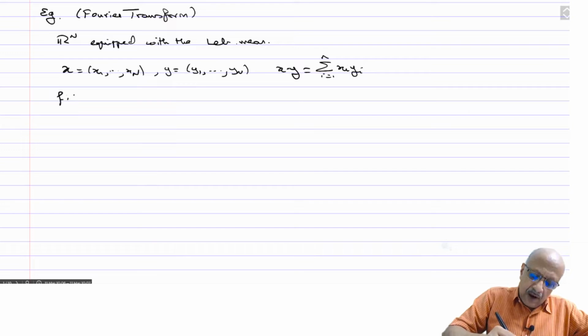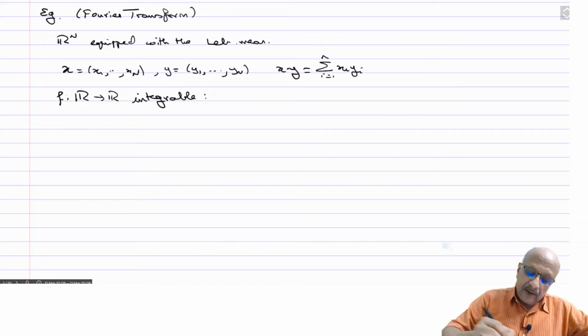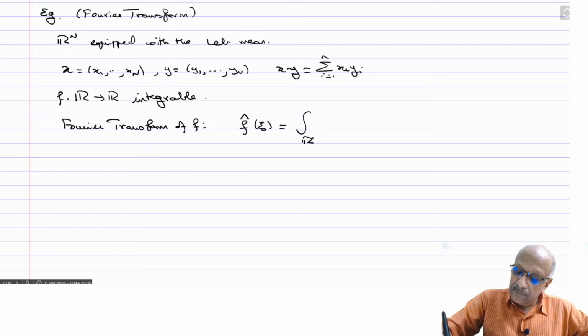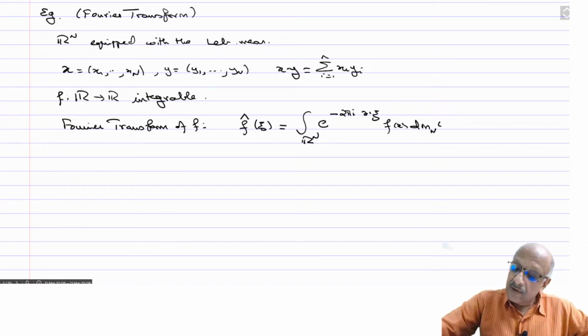So let f from R^n to R be integrable. Then the Fourier transform, denoted by f hat evaluated at xi, is equal to the integral over R^n of e to the power minus 2 pi i x dot xi, f of x, dm_n of x.